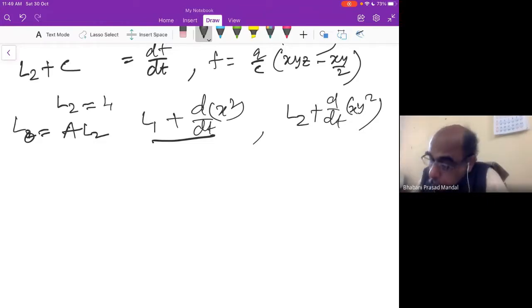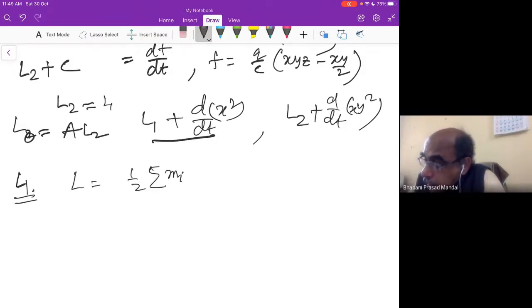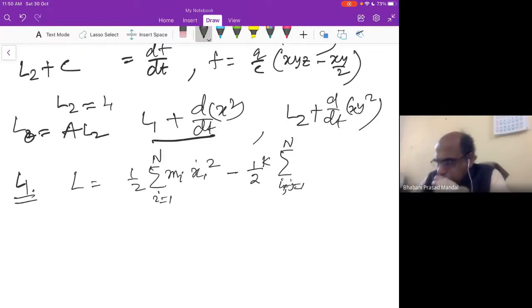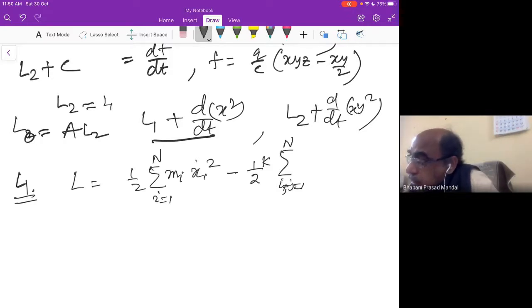Okay, so now the fourth problem. The fourth problem is a differentiation problem, right? L is half the sum over i of mi xi dot square, minus half k, sum over i and j, not equal to each other, 1 to n, of 1 over xi minus xj square, right?